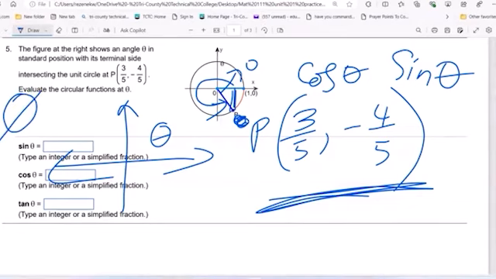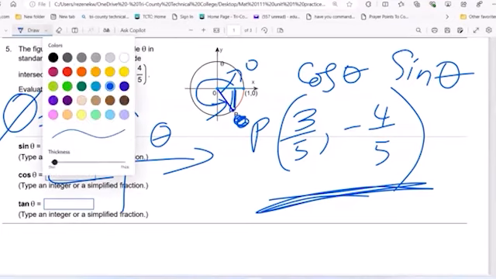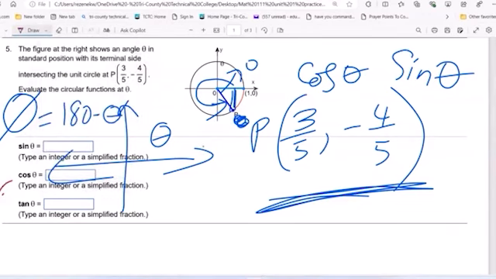Reference angle in the second quadrant is equal to 180 minus theta. Reference angle in the third quadrant, phi is equal to theta minus 180.